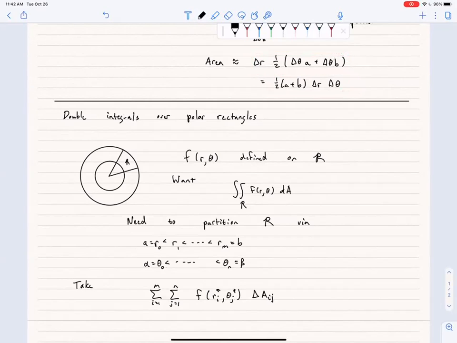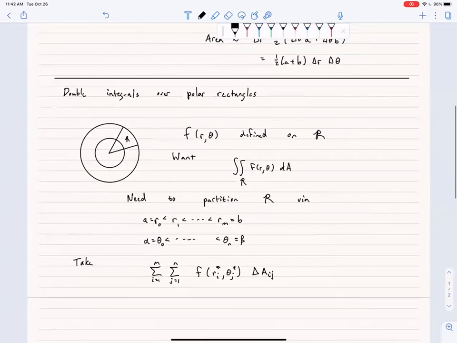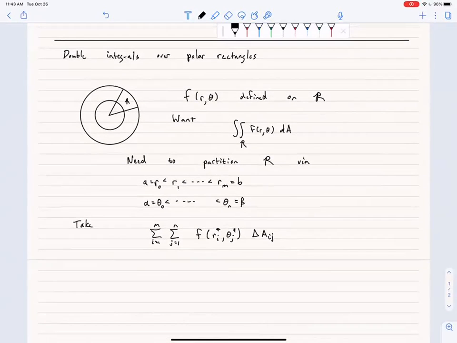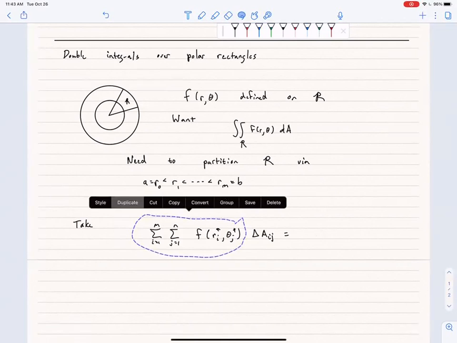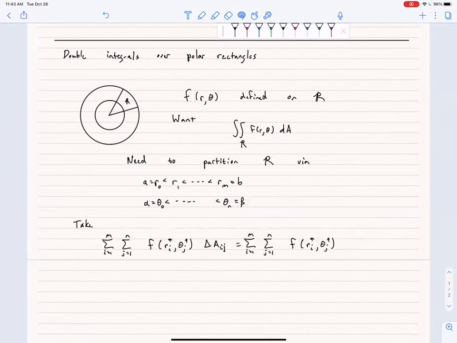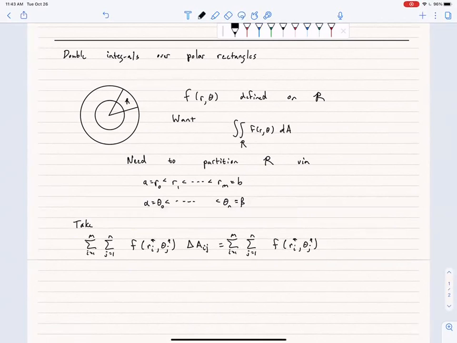Now here, A and B are r_{i-1} and r_i, and delta r and delta theta are the differences of the r's and the thetas. So this is going to equal the same thing here. And now we just need to put in our formula.